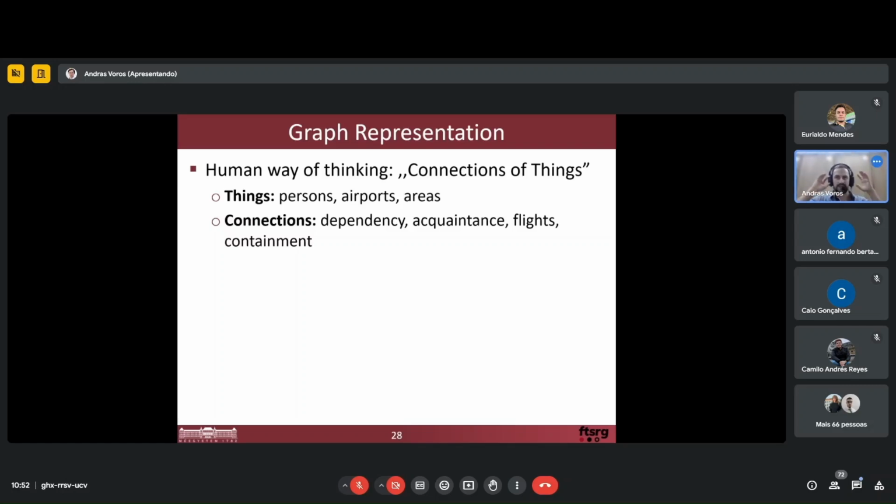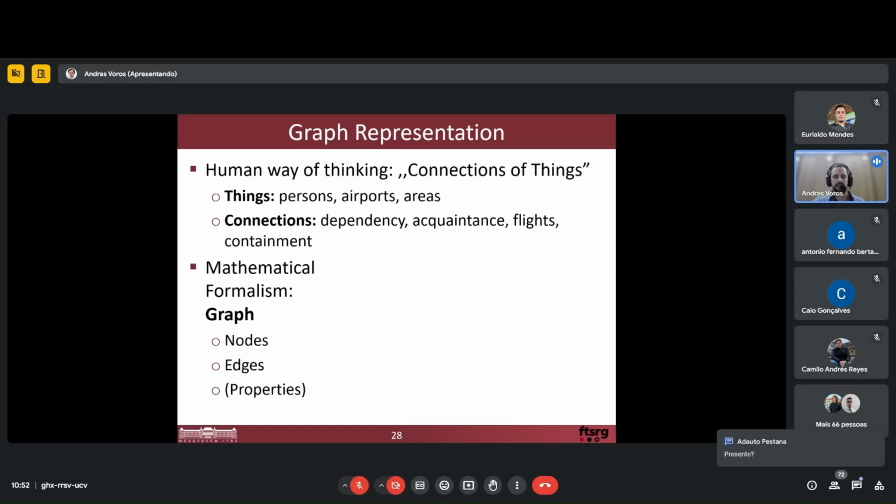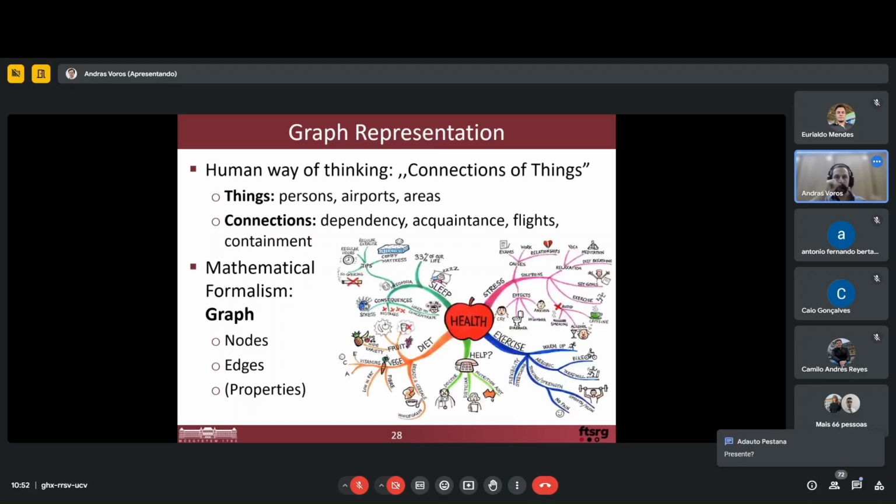But if we are not just thinking, but we want to draw these things in our computer, then we need a mathematical formalism that our computer is able to handle, and it is formal enough. So they are called graphs, where we have nodes, edges, and properties. A graph can be as confusing as this one.